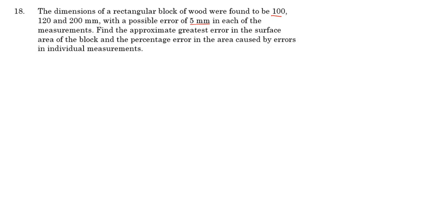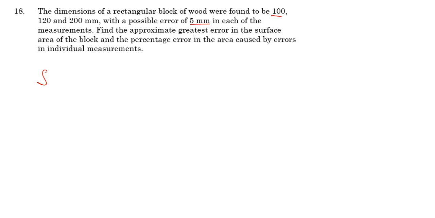First of all, the first part is telling us to calculate the greatest error in the surface area. Now, the surface area of a rectangular block with dimensions x, y, and z. As you can see, we have three dimensions here: the 100, the 120, and the 200. So we have x, y, and z.